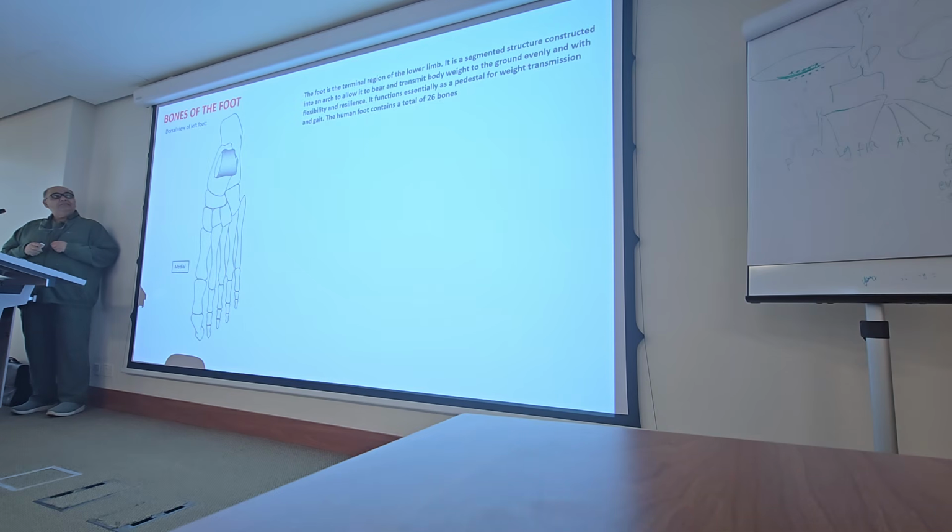And let's label it. This big bone, which makes our heel, we call it calcaneus. And then this bone, which is quite high up, that is talus. And it fits in the two malleoli of which bones? Tibia and fibula.